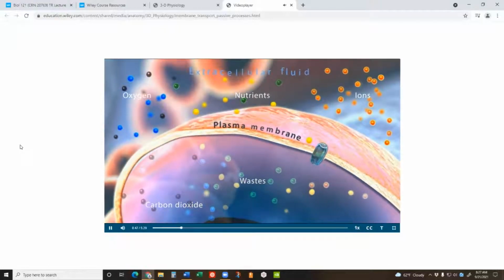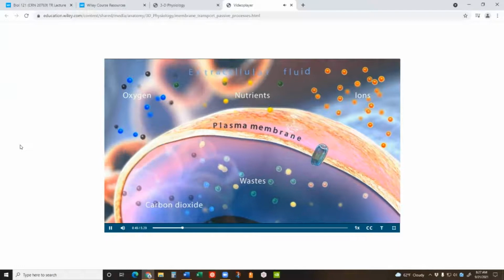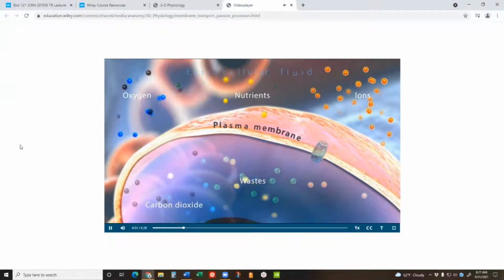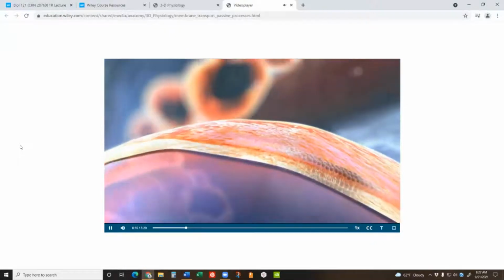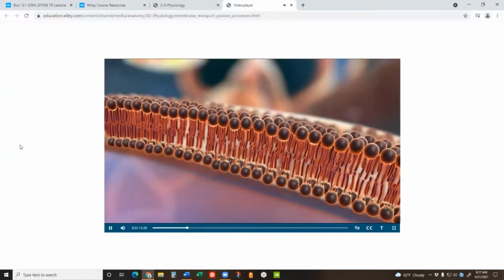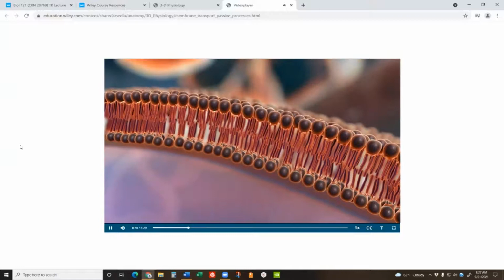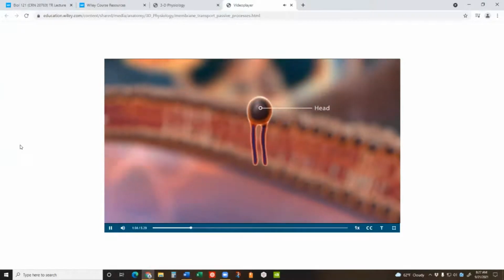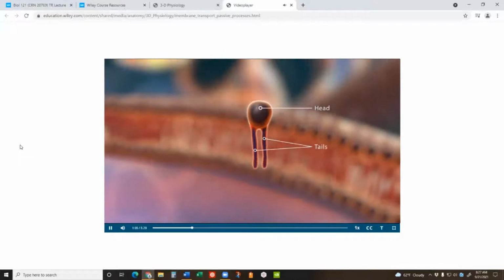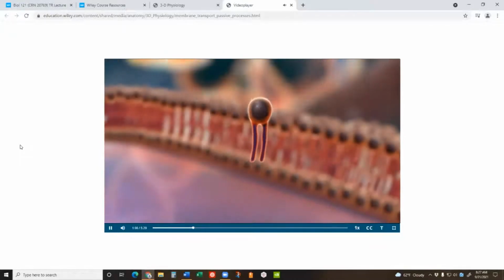The structure of the plasma membrane plays a large role in determining the specific transport process utilized by the substance. The plasma membrane is constructed of 2 layers of phospholipid molecules. Each phospholipid has a polar head and 2 nonpolar phospholipid tails.